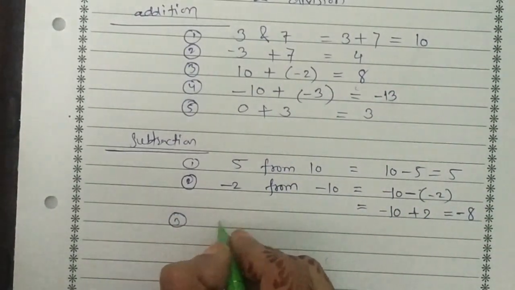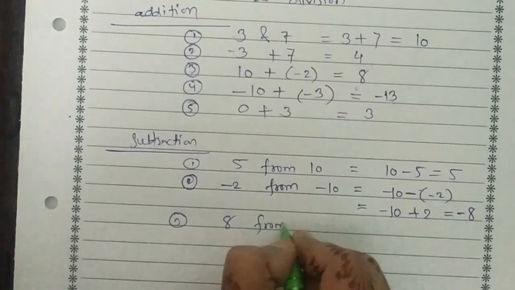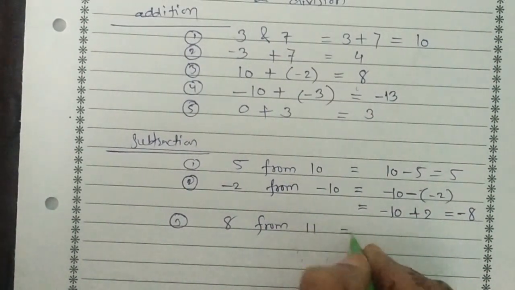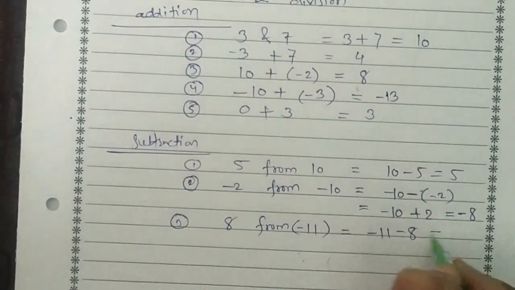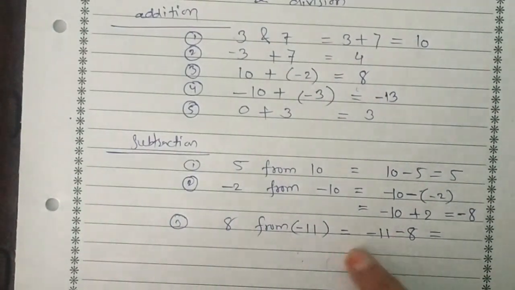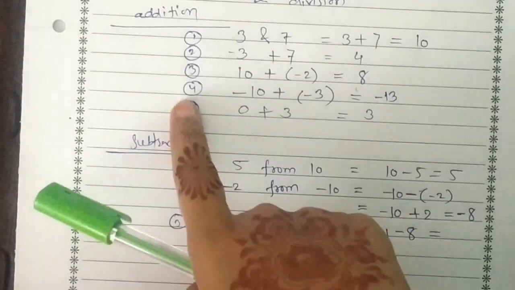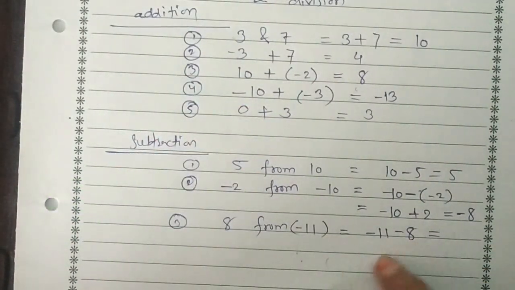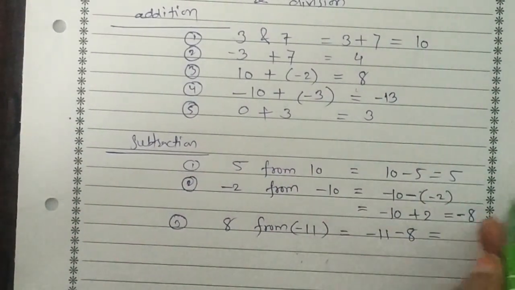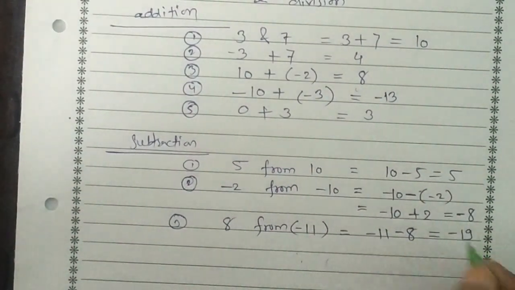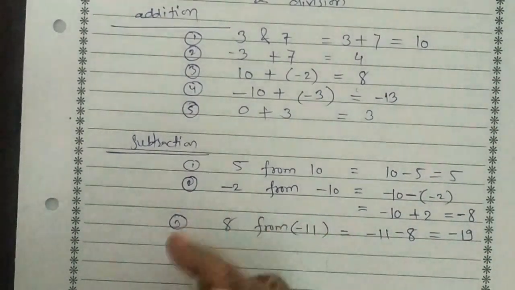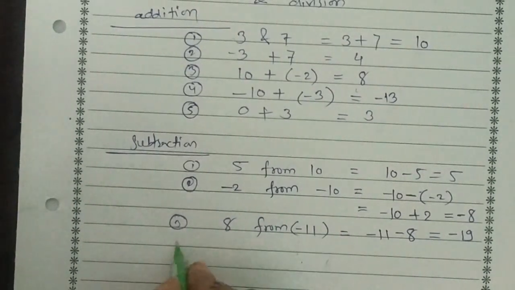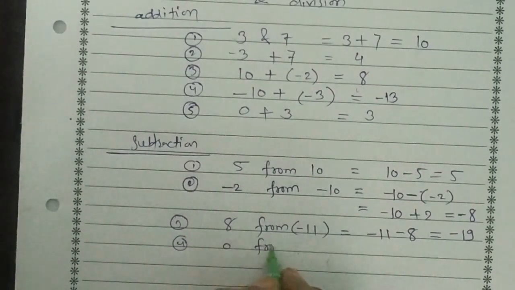Then we have to subtract 8 from minus 11, so you write minus 11 minus 8. In this situation you add them, both minuses add, and give the sign of minus. So 11 plus 8 gives minus 19. If you learn these basic subtraction rules, again we have 0 from any number.